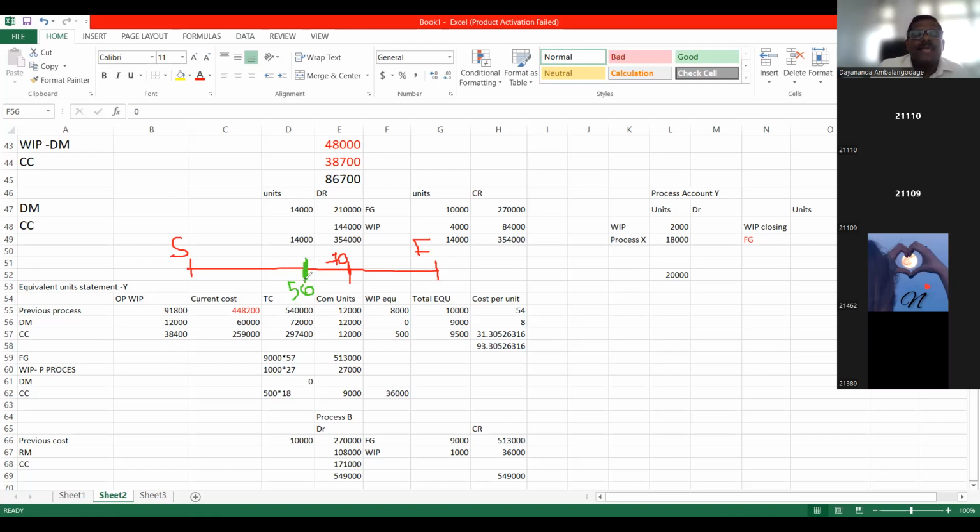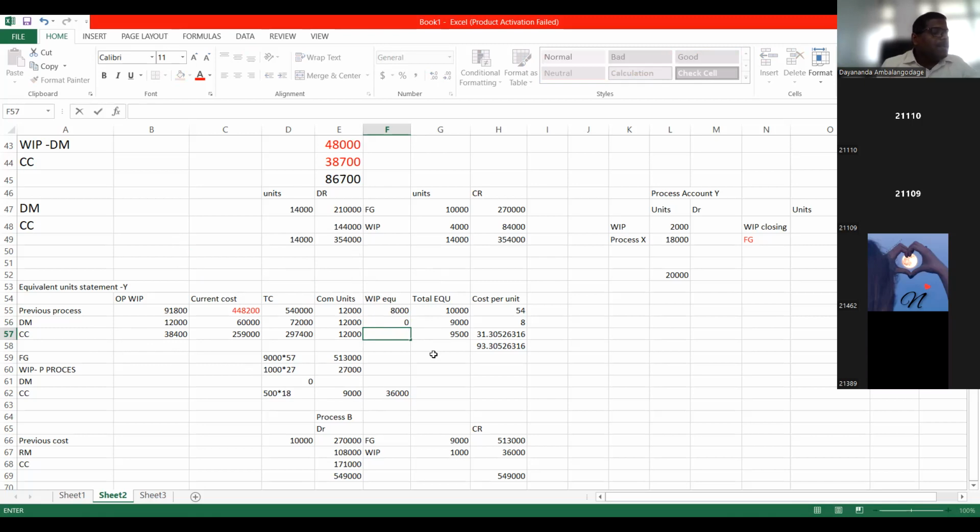Your work in progress is here, but you add raw material when 70% is completed. So the direct material is not yet added, meaning zero completion raw material wise. But as per the question, conversion cost is uniformly applicable, so WIP closing is 50% complete. One half means 50%, so 4,000 units of WIP complete.